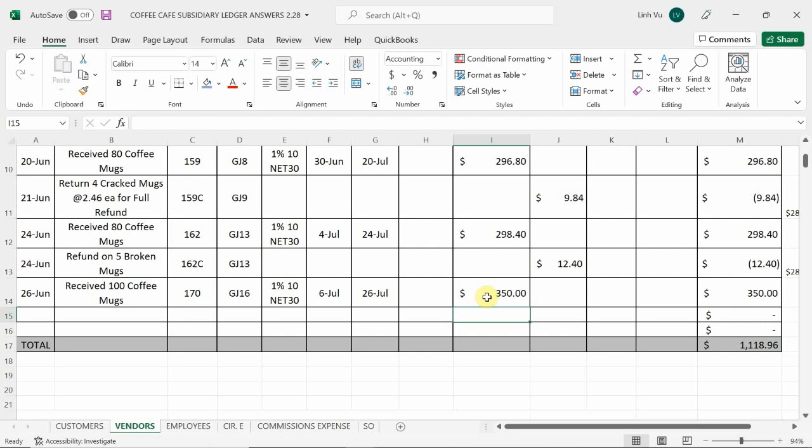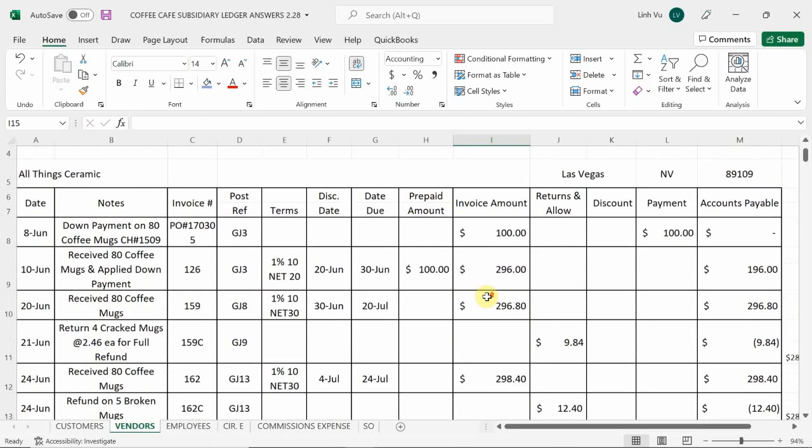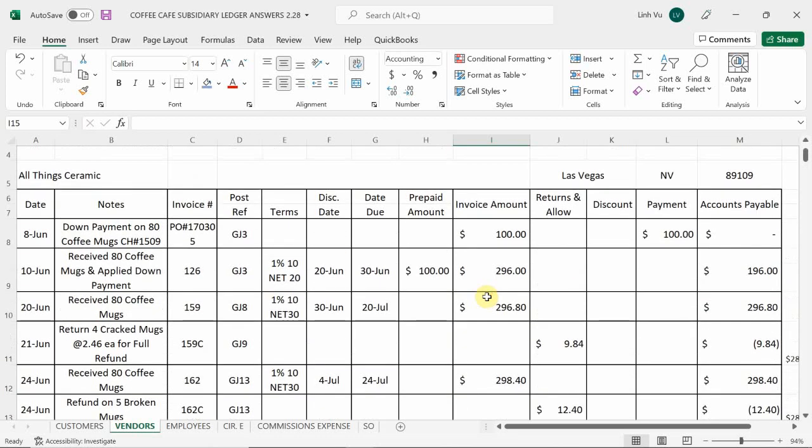So let's take a look at these inventories here. Which one is going to be expected to be paid? In this case, we're going to have to end up paying for this one anyway, because we already passed the 20th and we have 30 days. We have until June 30th.